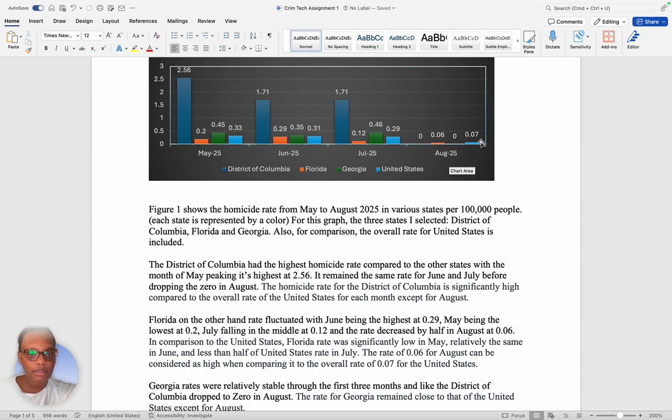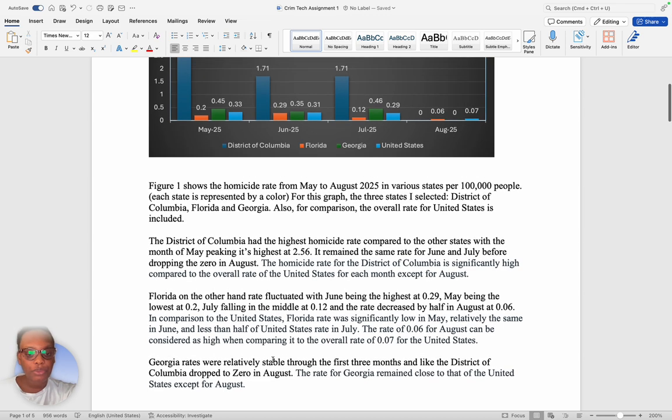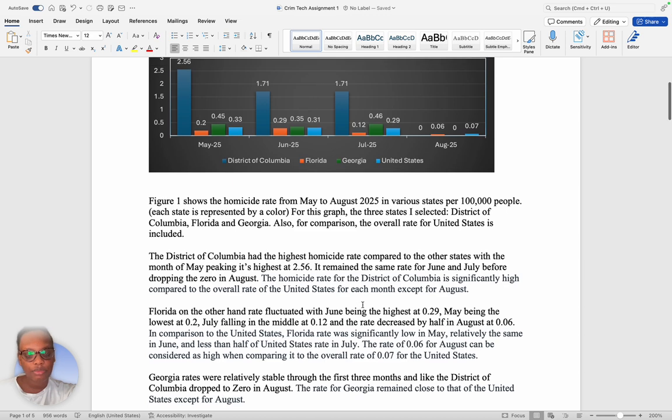That is considered high, or can be considered high based on the given rate. Georgia rates were relatively stable through the first 3 months, and like the District of Columbia, dropped to zero right here in August. The rate for Georgia remained close to that of the United States, except for August, when you had zero.